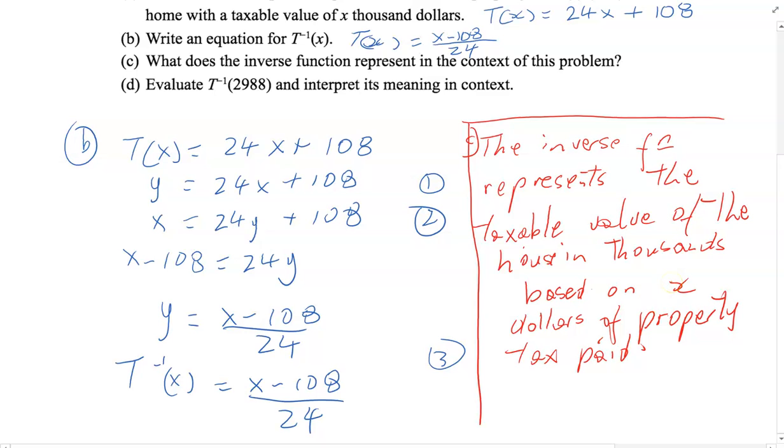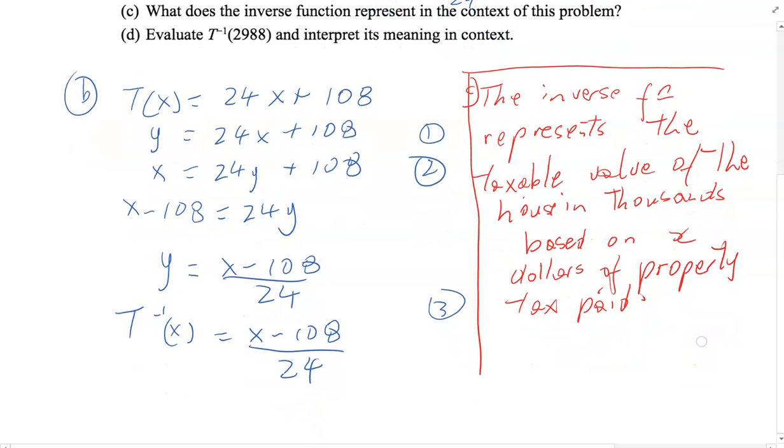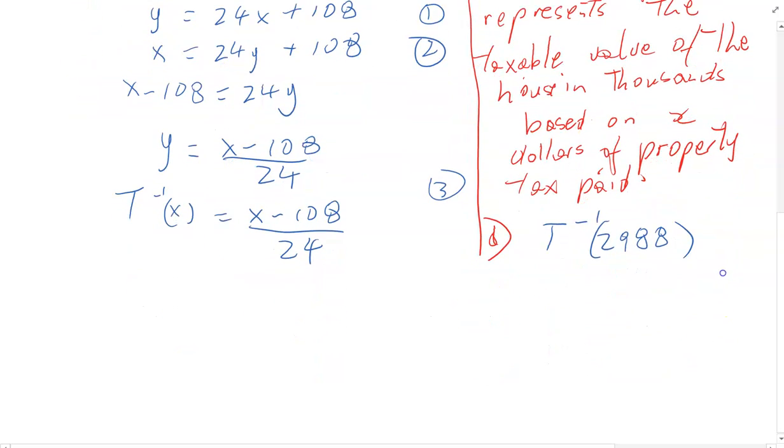Now finally we're asked to evaluate T inverse of 2988. So we plug in 2988 for x.